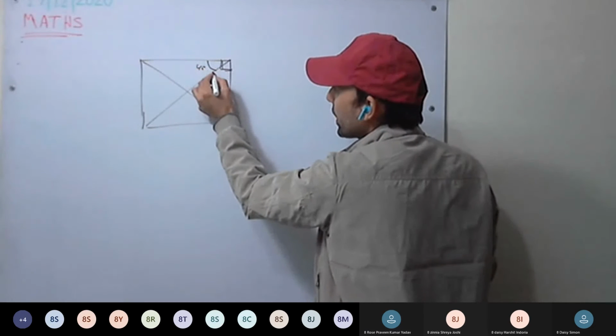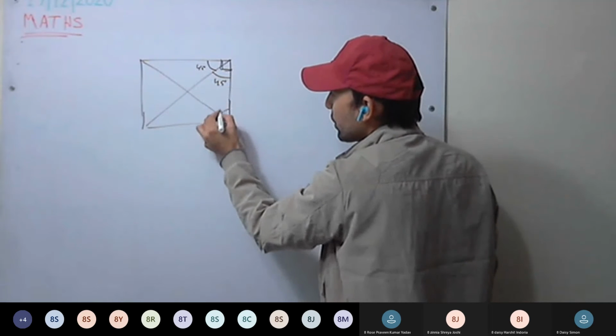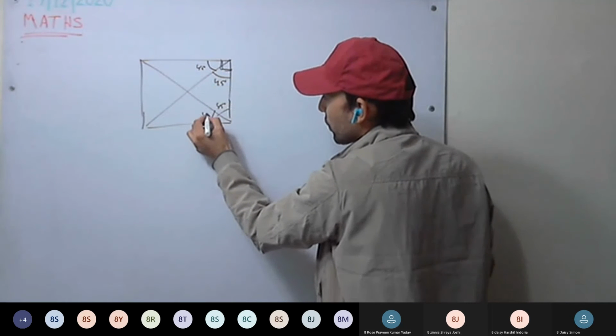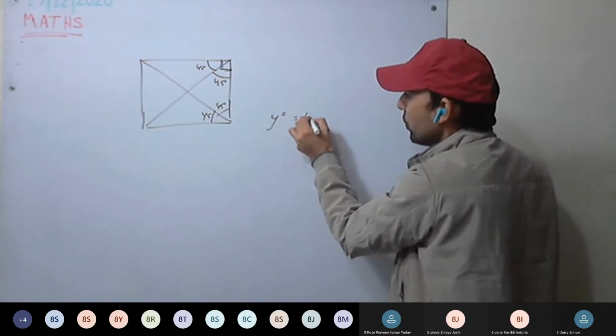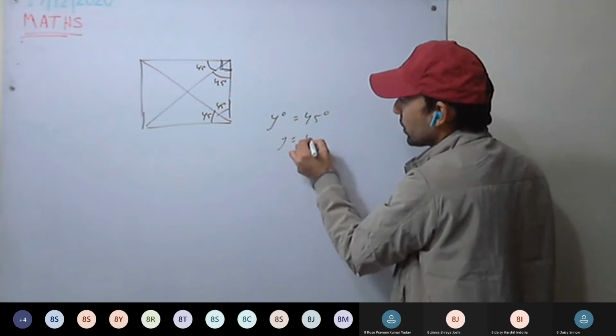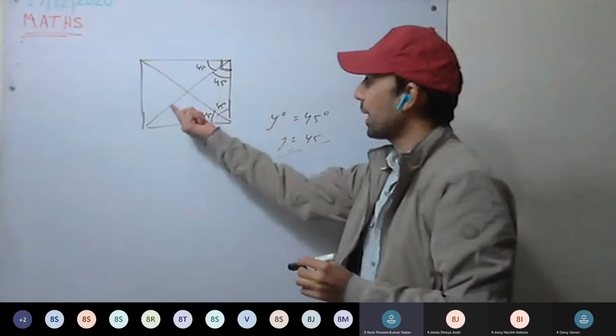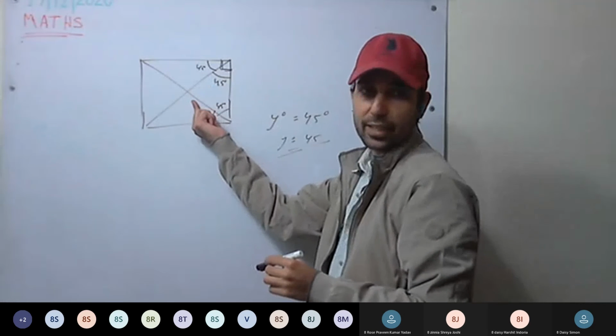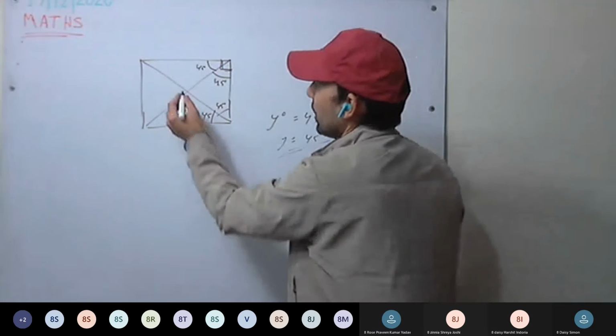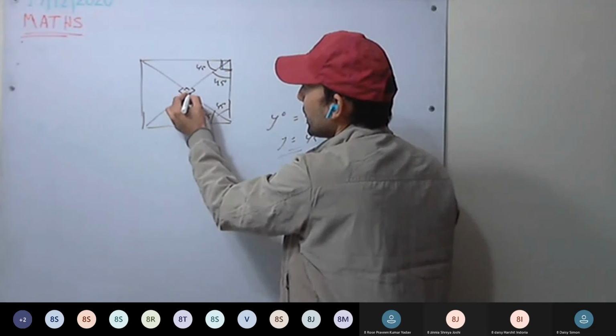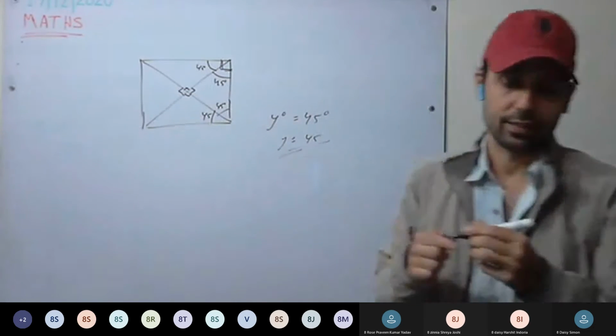This whole angle is 90 degrees, so the diagonal bisects it, which means it will be 45 degrees and 45 degrees. So y degree equals 45 degrees. Y will be how much? 45. Understood now? The diagonals bisect each other. The diagonals meet at right angles. They bisect the angles as well. And here they meet at right angles, 90 degrees.